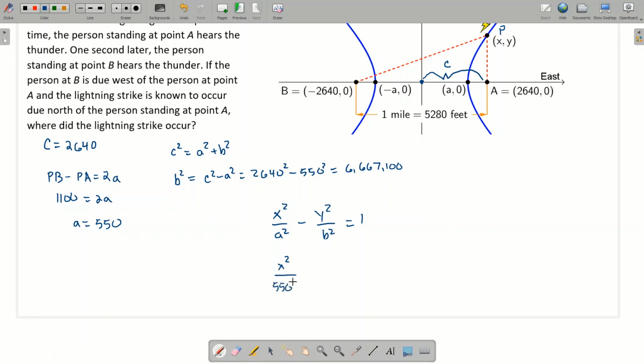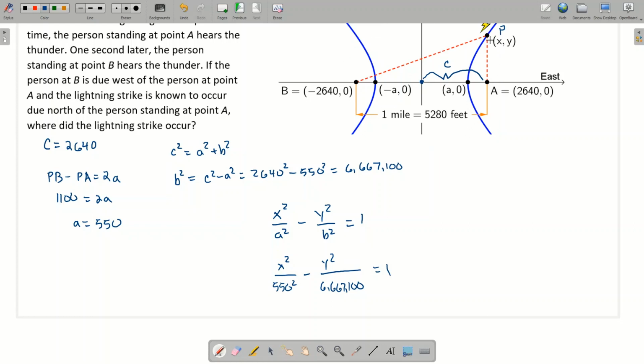I'm just going to leave it with the square on it, minus y squared over b squared. We don't need to square this. It's already squared. So we just write 6,667,100 on the bottom of that equals 1. Okay, this models this blue hyperbola.